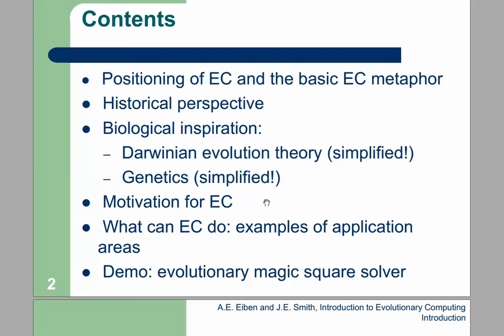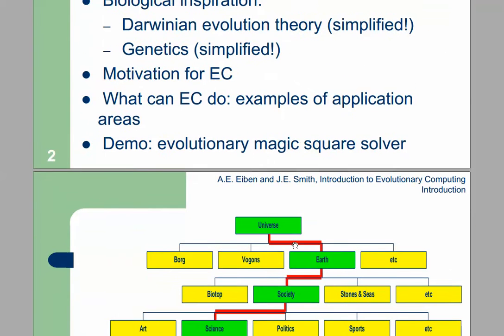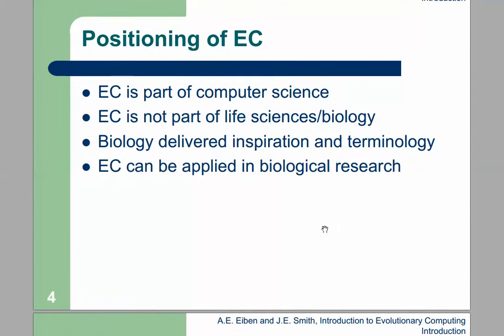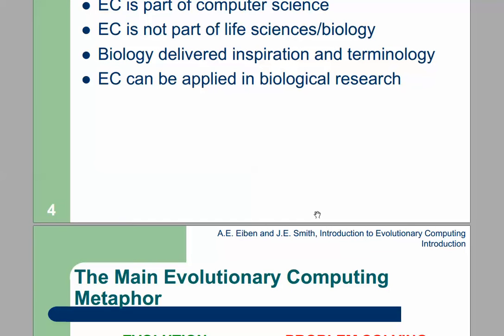EC is a branch of computer science that can solve some complicated problems that cannot be solved by some mathematic or some special solution. EC is an evolution or enhancement of solution.